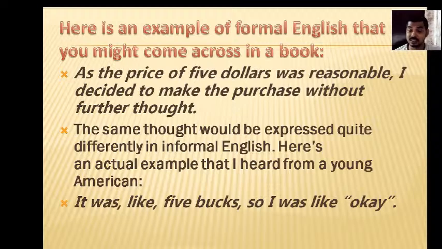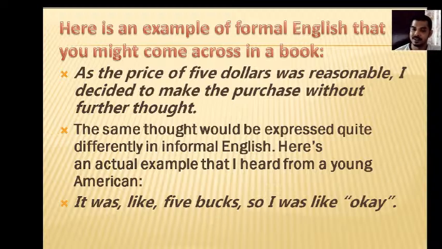So this is the difference between formal and informal. Now just consider, if you produce this informal sentence in a formal situation, what effect it would have. And also the vice versa. That means the opposite is also very much important. If you produce this formal sentence in an informal situation like this, it would sound odd.